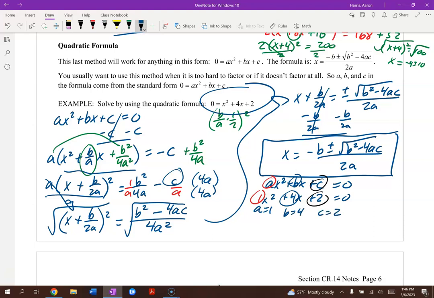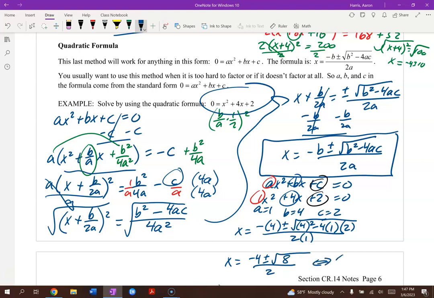So I can just plug it into my quadratic formula. x equals negative b plus or minus square root of b squared minus 4ac all over 2a. And then we finish that. I got 4 squared, 16, minus 4 times 1 times 2, 16 minus 8 is 8, all over 2. So that becomes negative 4 plus or minus square root of 8.